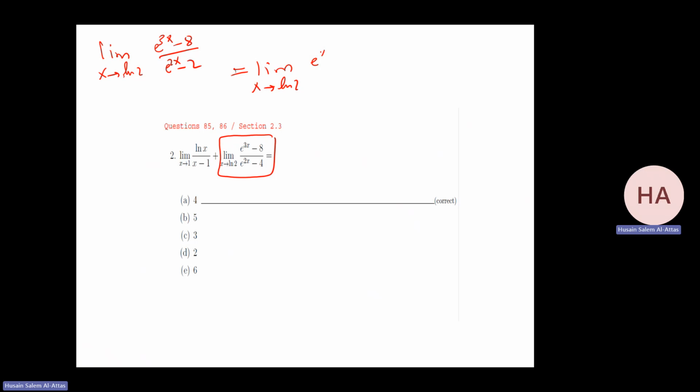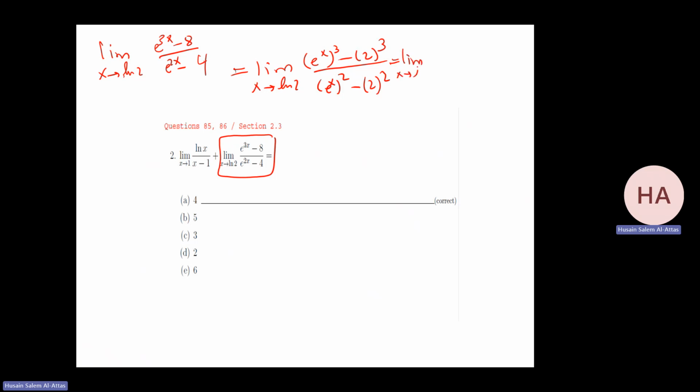Let me do it in steps. e^x cubed minus 2 cubed over e^x squared minus 2 squared. So you have a difference of 2 cubes over a difference of 2 squares. Now be careful in the calculation.